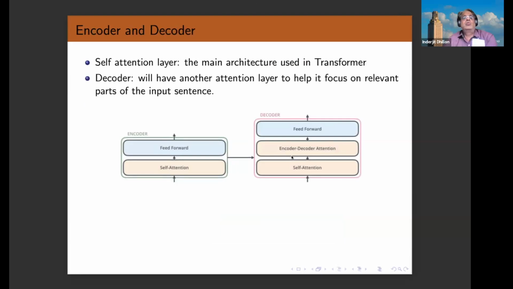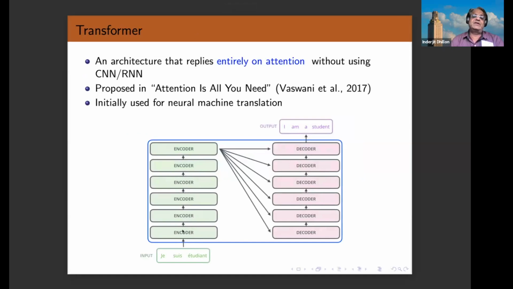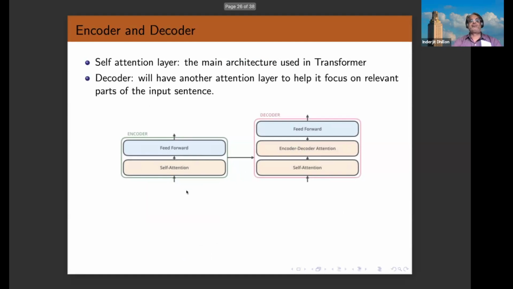Okay, so if you look now, over here, there are, like I said, several layers of encoders, several layers of decoders. What's inside each encoder and what's inside each decoder? And of course, we'll go into further detail into the self-attention and the feed-forward network.